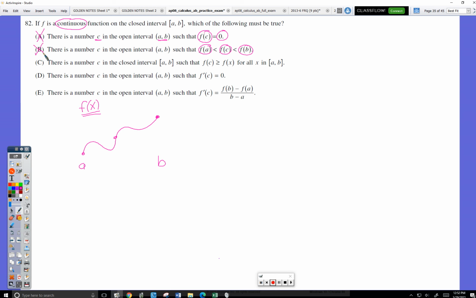There is a number c from a to b such that the y coordinate at that point is bigger or equal to all of the other y coordinates. Oh, so that's what that x means.